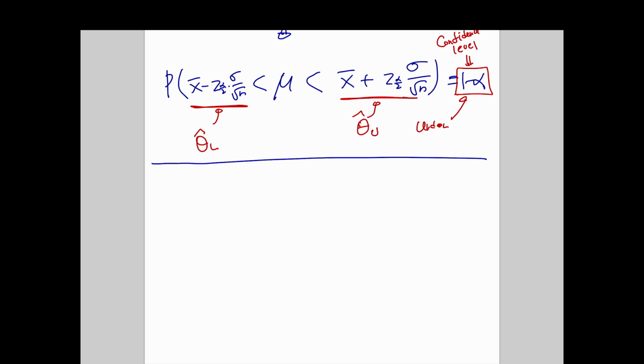If we assume the population parameter mu equal mu 0, it means the H0. We can draw the distribution.